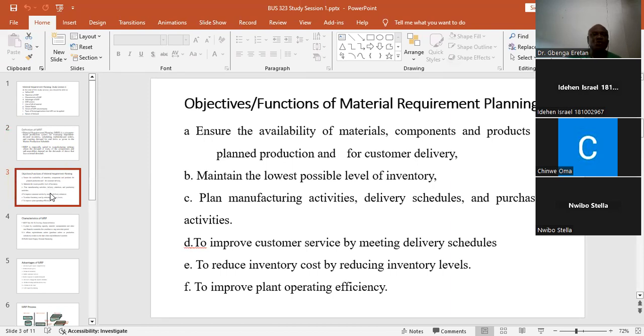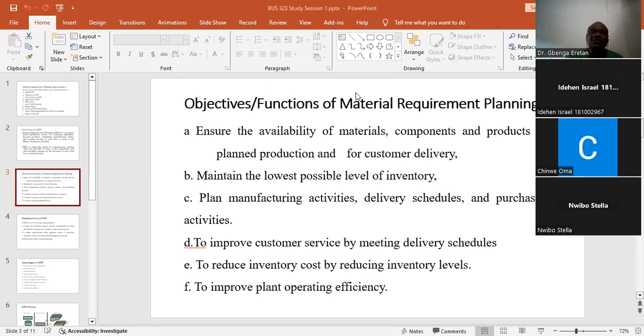The next thing we need to look at is, what are the objectives or functions of material requirement planning? We have been made to know that material requirement planning, MRP, or in some cases MRP1, is a computerized based system that is used to predict the demand for a dependent product, taking into cognizance how the product will be replenished or how the replenishment order will be placed.